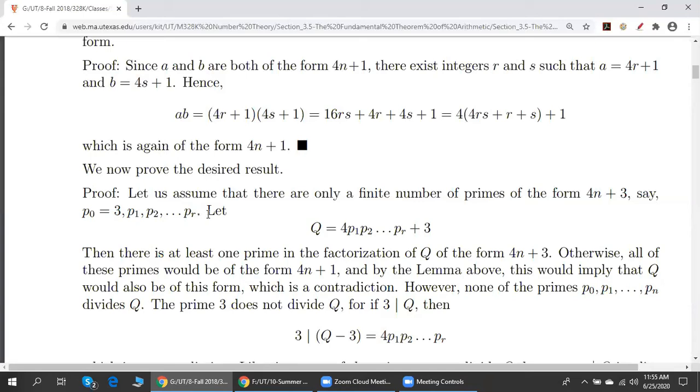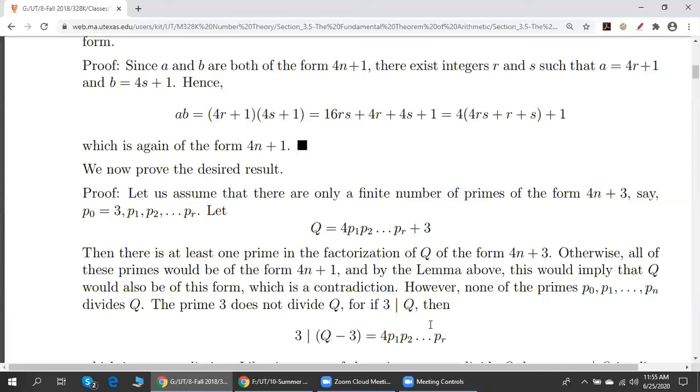Here is why. First, let us show that Q is not divisible by 3. Here is how we do it. First, let us move 3 to the left. We will get the following: q minus 3 is equal to 4 times p1 times p2 and so on times pr.